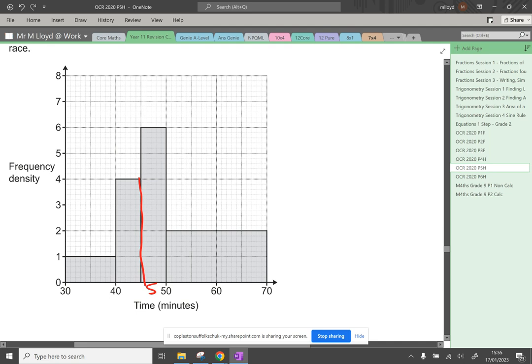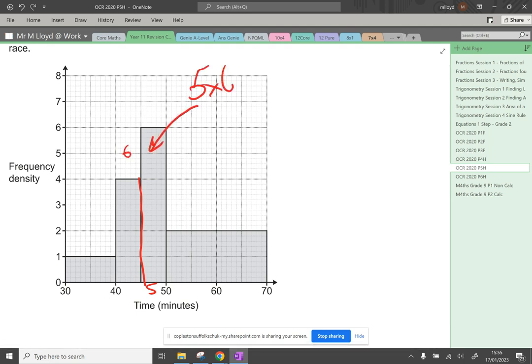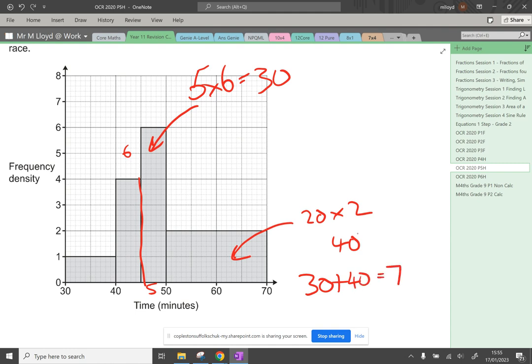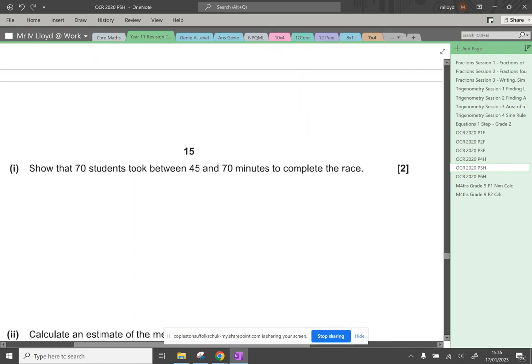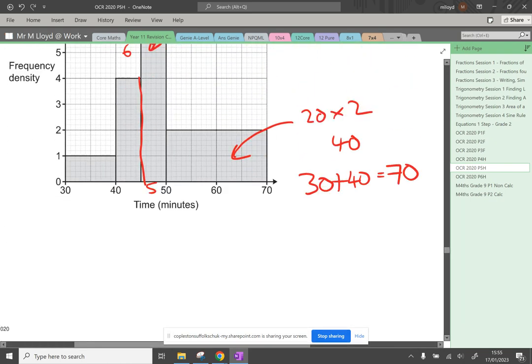This one's got a width of 5 and a height of 6. So this one in here is 5 times 6, which is 30. And then this box here has a width of 20 and a height of 2. 20 times by 2 is 40. Then we add them together, and that should give us 70. Is that what it said? Yes, there we go. Super.